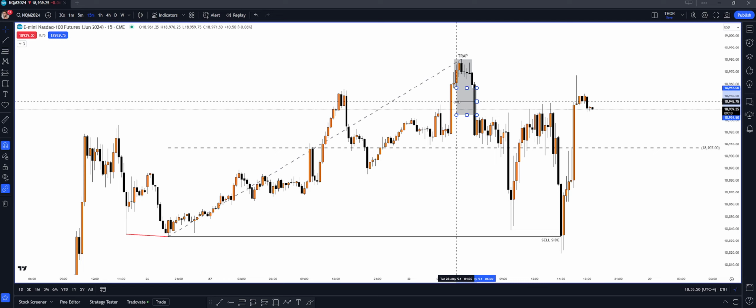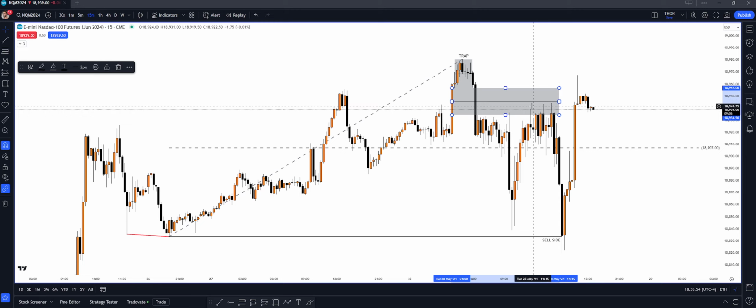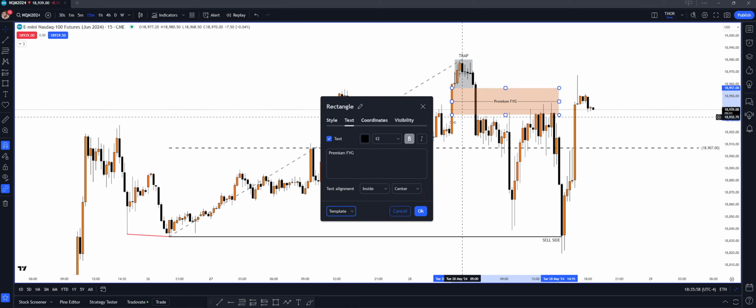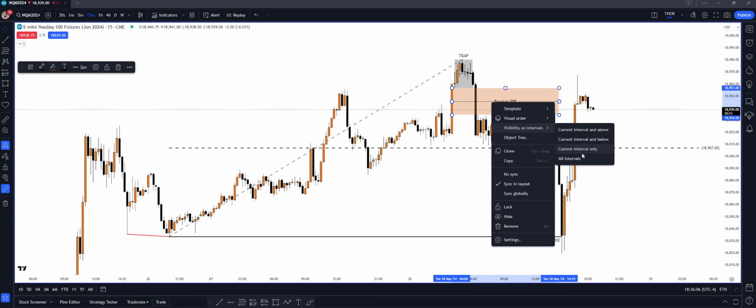So you can take the whole thing as a BPR, right? Which is also premium PDRA. I'm going to say premium BPR. I'm going to keep that on the chart when I go down to lower time frames.